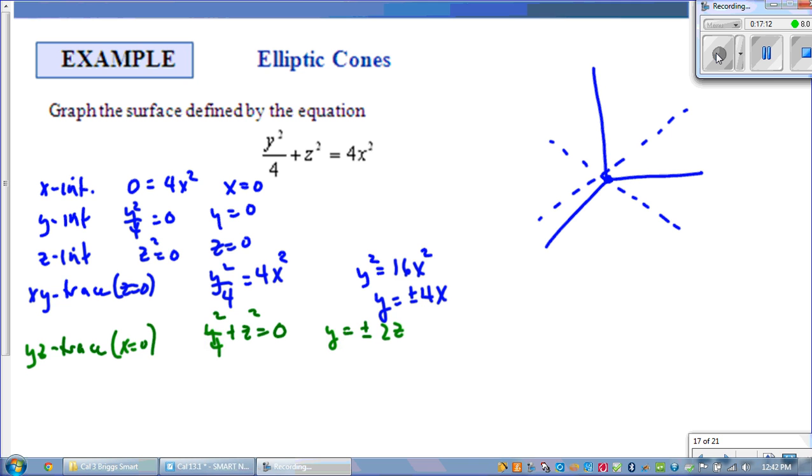Okay, and now let's go ahead and just look in the XZ plane.